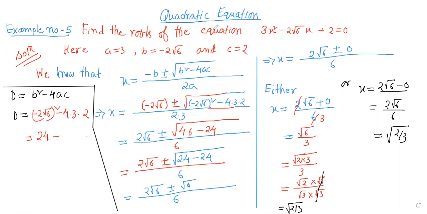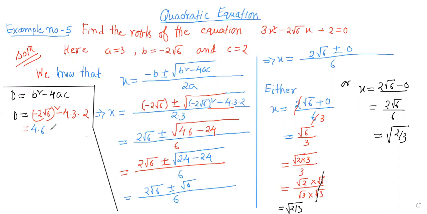Okay, let me explain how it is 24, maybe you could not understand. It will be better to clear all the doubts. So here the square of minus 2 is 4, and the square of root over 6 is 6.